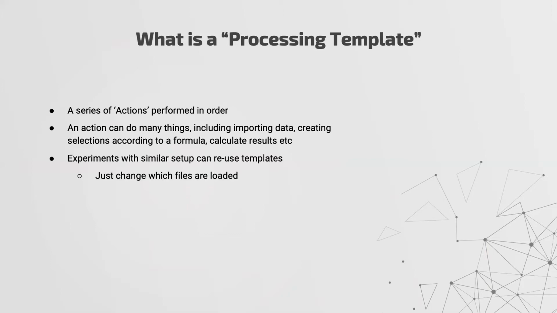And once you have a template set up, the inputs to that template are normally the files that you want to load. And so when you open a template, you just change which files you want to point it at, or which files you want to be opened, and then you run your processing template. So once you have a setup for your lab, you then only need to change those parts, the paths.